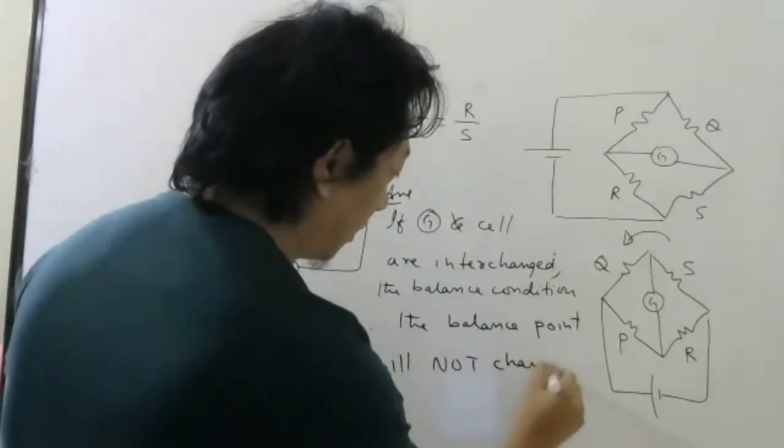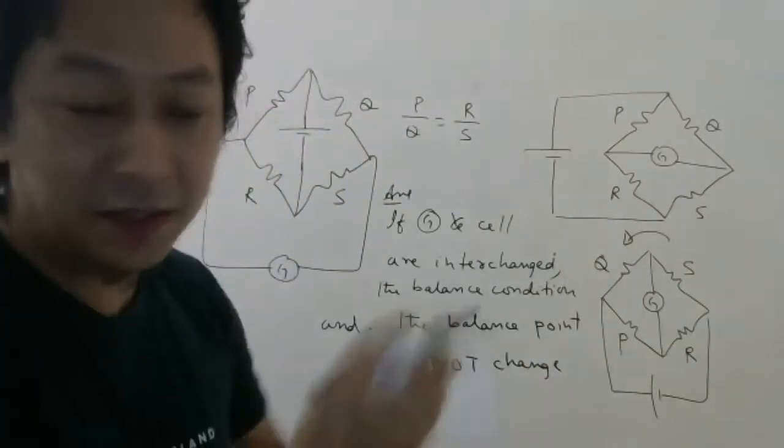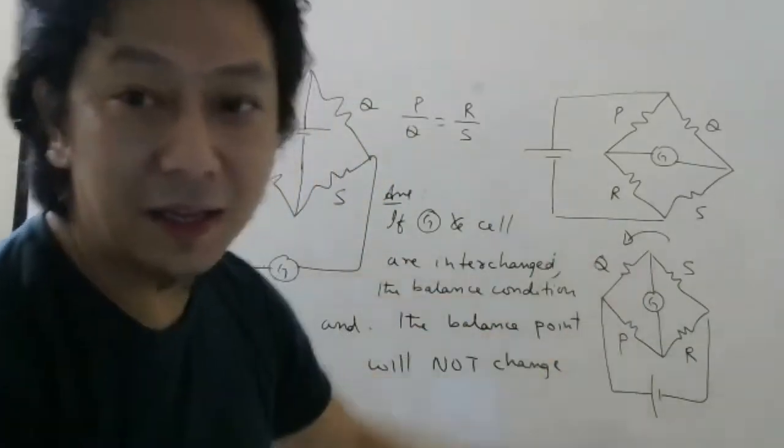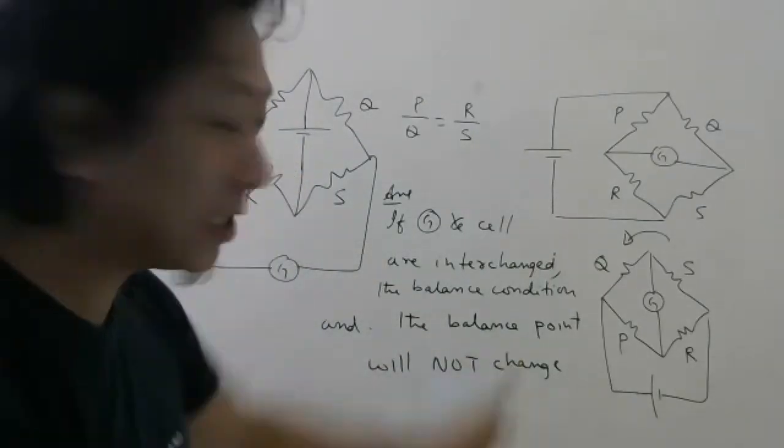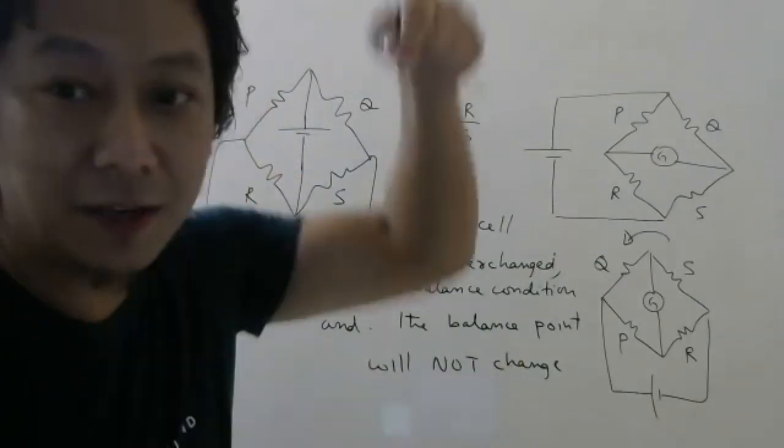Since the balance point did not change, it means current will still not flow in the galvanometer.